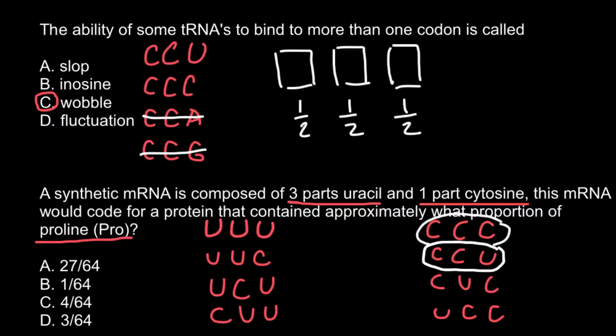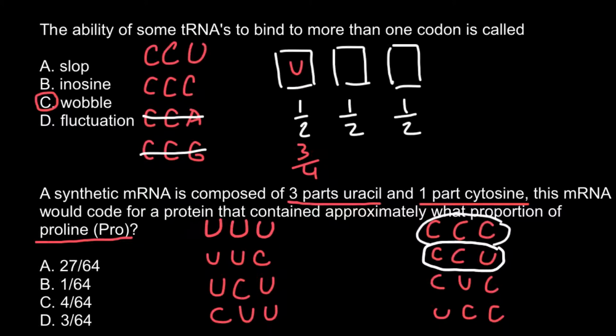But because we have different frequency of these two bases, if I would ask you what is the probability that we would have uracil here, your answer would be 3/4. This would be probability, and 1/4 probability would be that this is going to be cytosine. So this is going to be probability of the uracil.